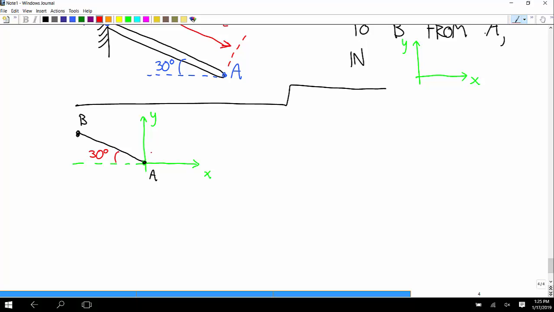And so with the origin at A, at the starting point, to calculate the coordinates of B, we're just going to go 0.5, that's the length of the beam, times the cosine and sine of 150 degrees.